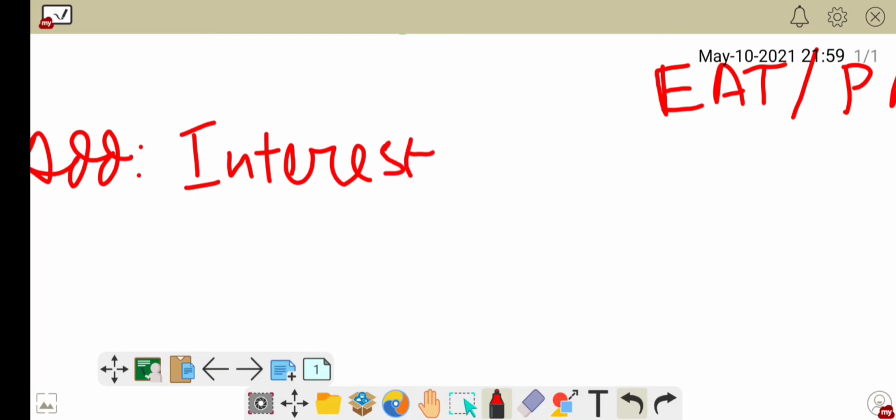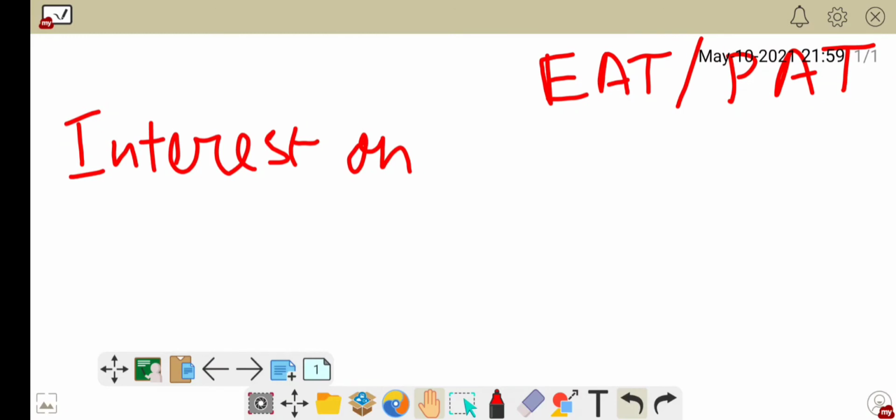After adding interest, this amount will be named NOPAT, net operating profit after tax.